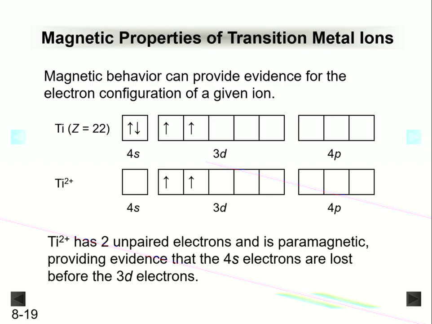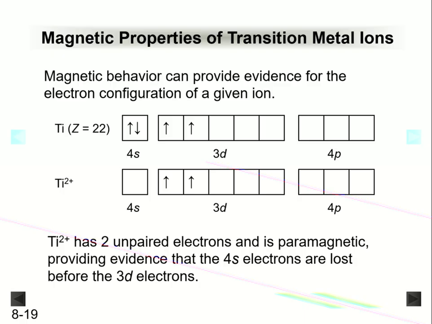If we form a doubly ionized form of titanium in solution, so a titanium 2+ ion, you might think, well, maybe that doesn't have a magnetism, because the last electrons to go in were the 3d electrons. But in fact, titanium 2+ is magnetic, as the 4s electrons are removed first.